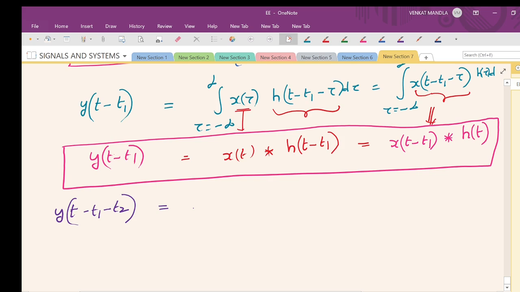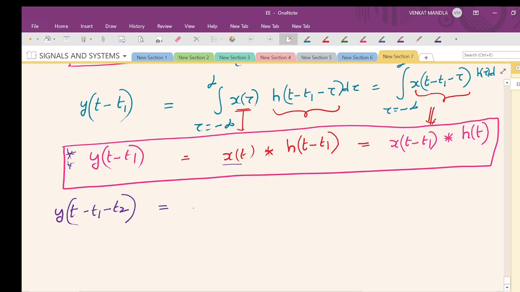I already have y(t − t1) here, so I have to delay by t2 amount. I will delay in any one of the signals, not in two signals at a time.